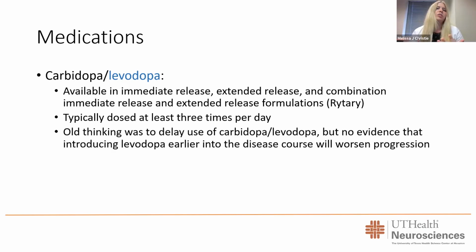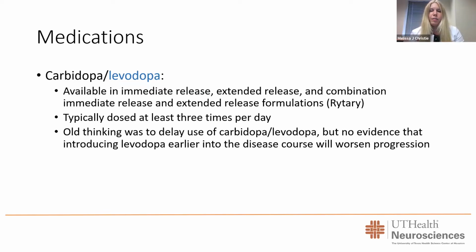And you can still, unfortunately, see this if you look online. Thankfully, there are websites like Parkinson.org that are widely vetted and read through, but there's still old literature you can find online. And some doctors too, if they're not a Parkinson specialist, might think that it's good to delay the use of carbidopa levodopa until you're later in the disease stage of Parkinson's.